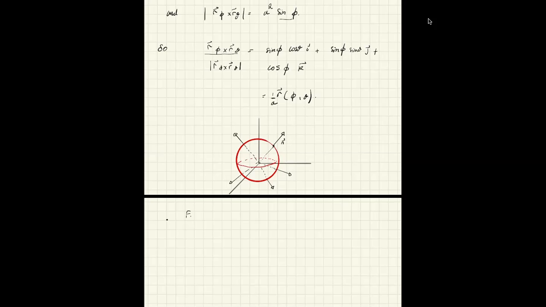So this is just an example of the sphere, but from this one, we're going to extend it to all closed surfaces. So this is always going to be true in our case.